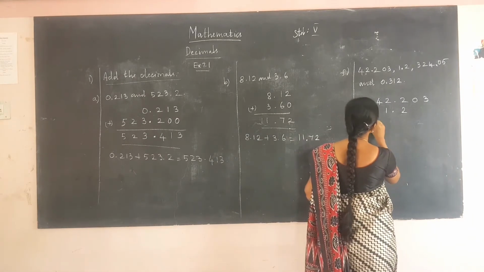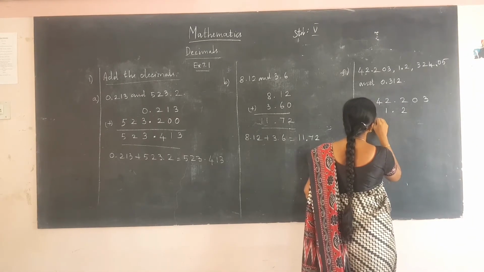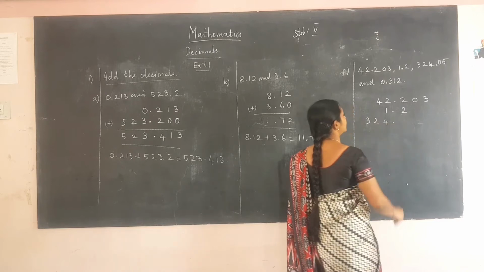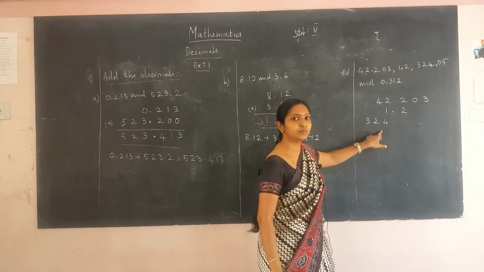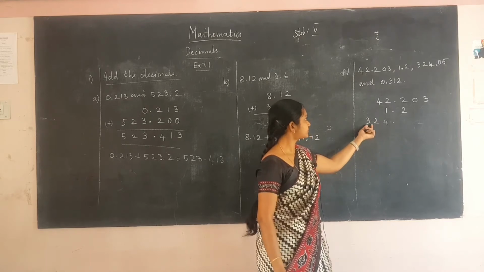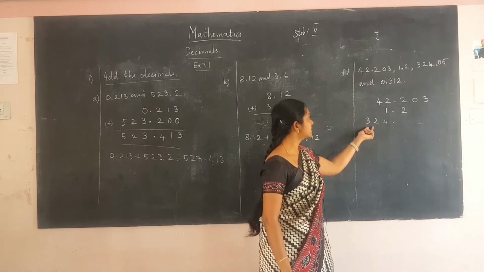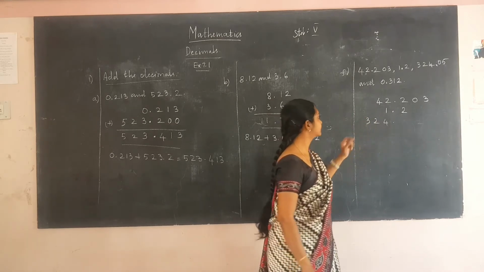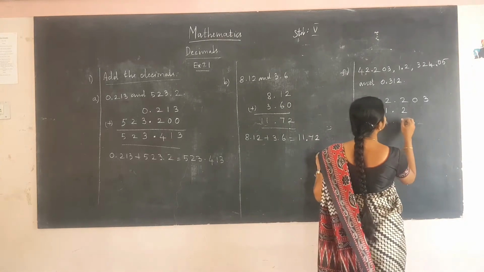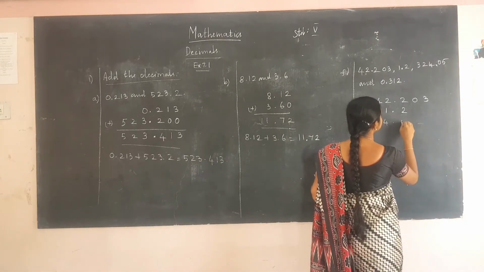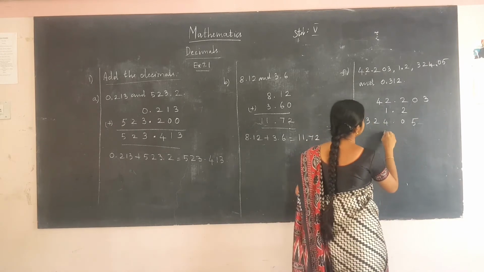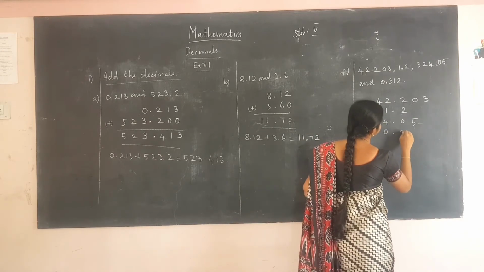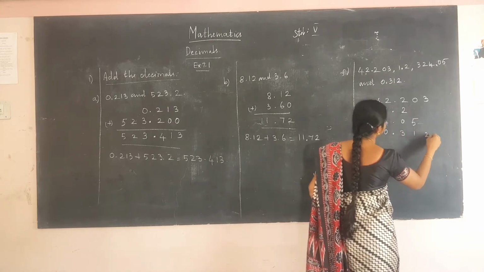Next, 324. Write the place values carefully. Here it is 324. So, in hundreds place we have 3. 0.05. Next 0.312.